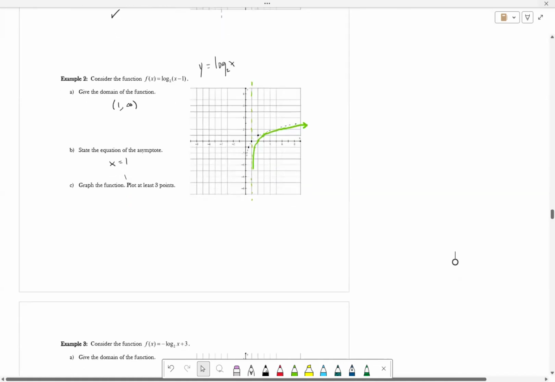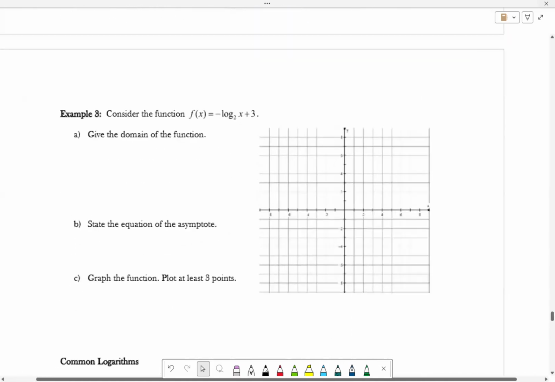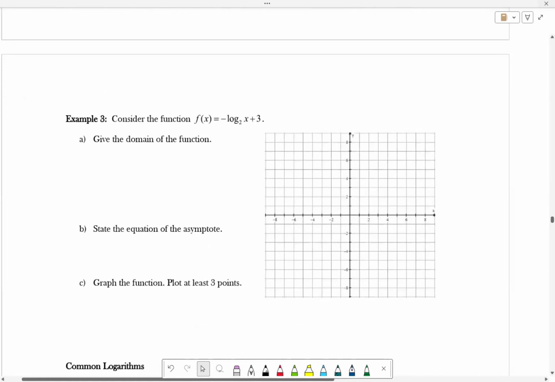Okay, one more graph. Before we actually graph this, please discuss with your neighbor what is going to happen to the parent function here. Okay, show me if this negative right here is going to do what? Show me in gestures. It's going to flip it over the x-axis.